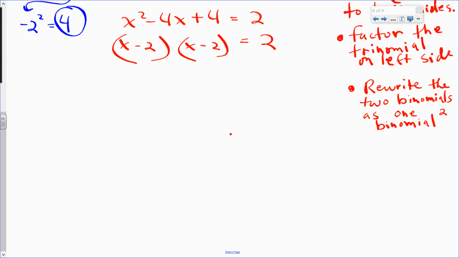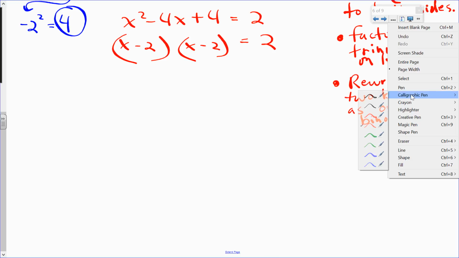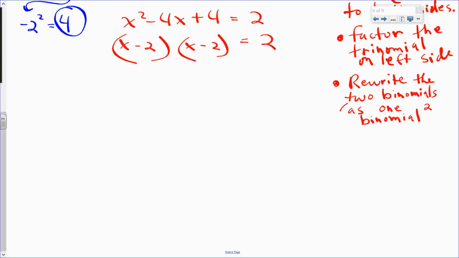One binomial to the second power. What do you guys think I mean by that? Before I do it, I wrote it down. What do you think I mean by that? Rewrite the two binomials as one binomial squared. Thanks. Go ahead. Nice.